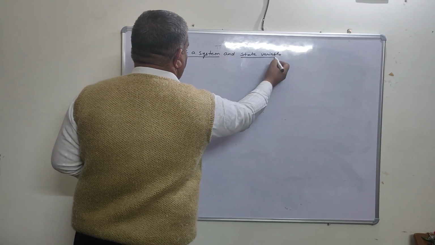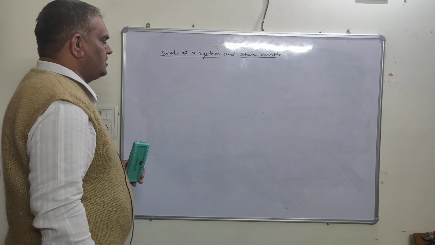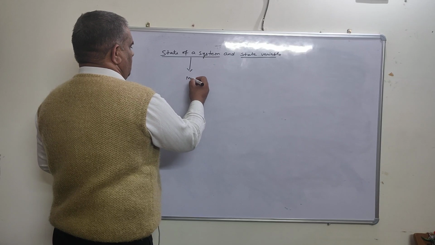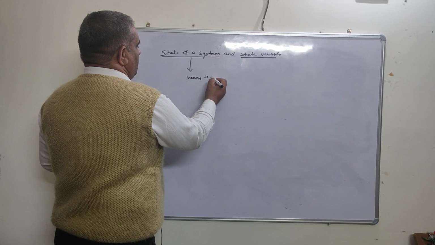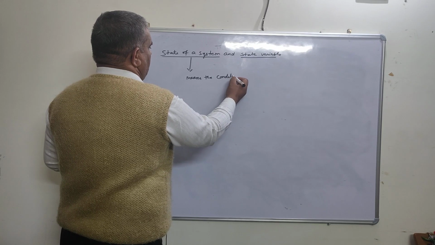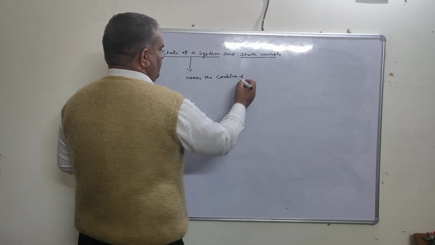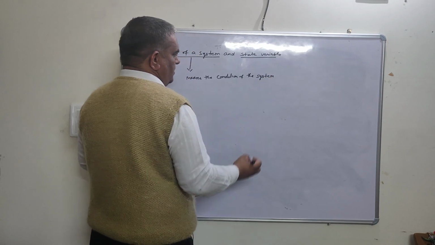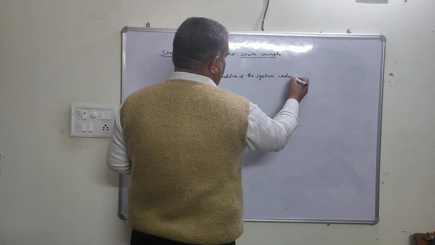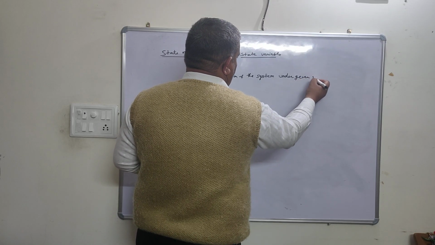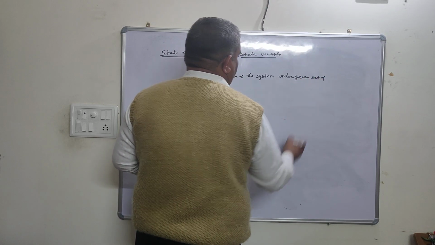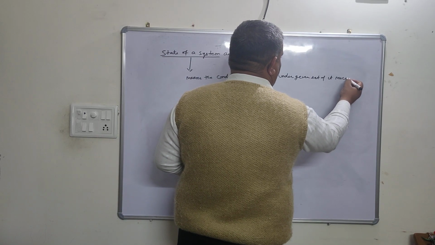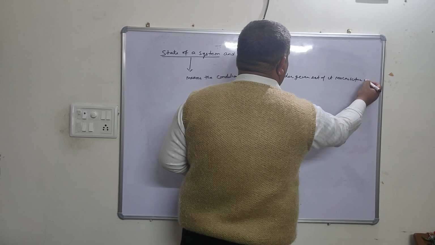The state of a system means the condition of the system under a given set of conditions of its macroscopic properties.